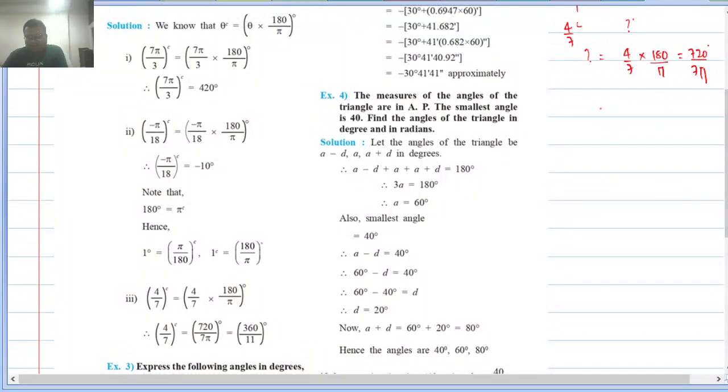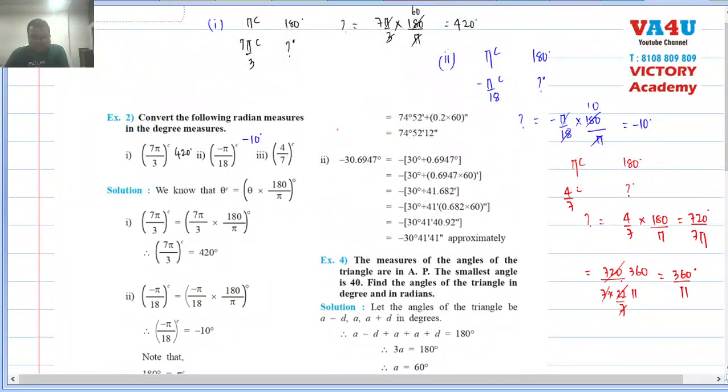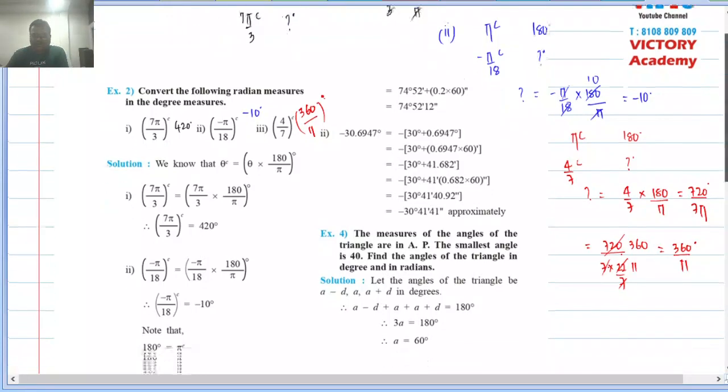Now we can actually substitute pi as 22 by 7. So 2 360s are, 2 11s are, which is 360 upon 11 degrees. So what is the answer for the third one? 360 upon 11 degrees. Okay.